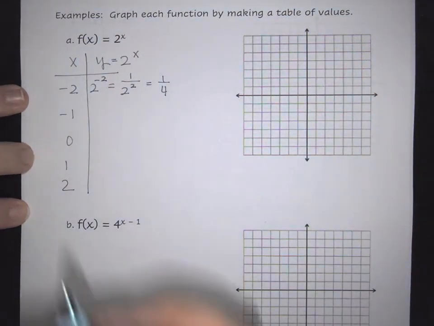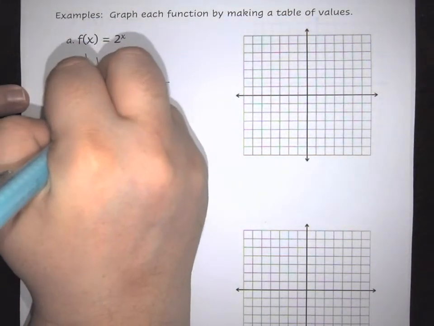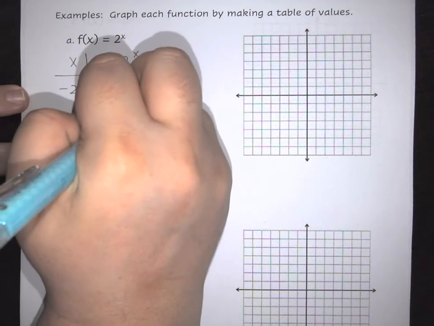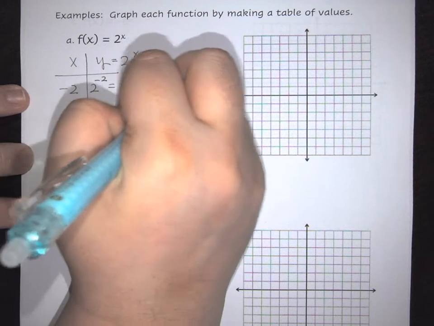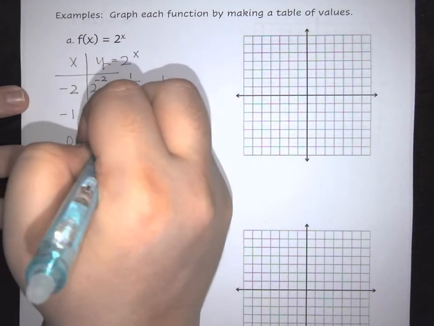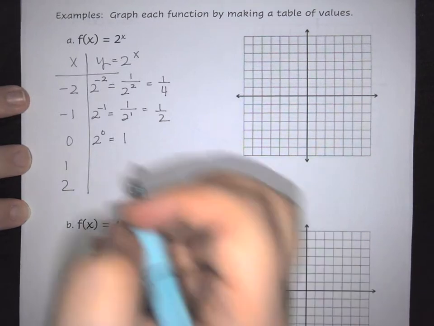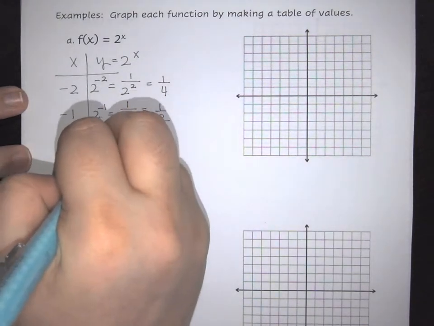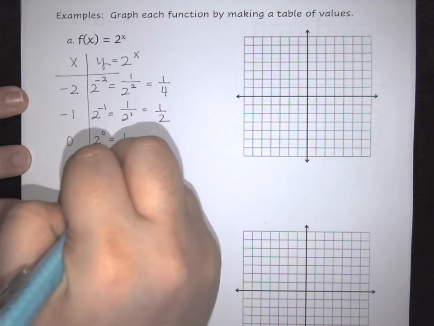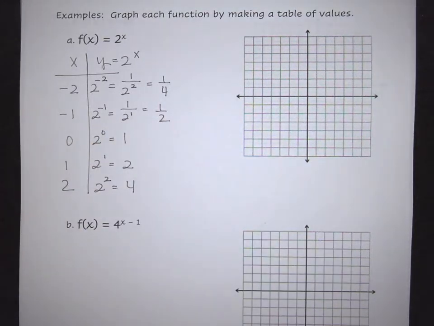Okay, and that same concept gets applied. So if we have 2 to the -1st, again remember that's the same as 1 over 2 to the 1st, which is 1/2. Here we would have 2 to the 0, which spits out a 1. And then we simply have 2 to the 1st, which is 2, and 2 squared, which is 4. So we have all of our points.